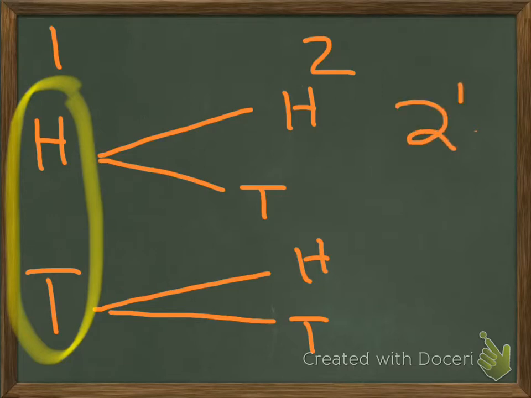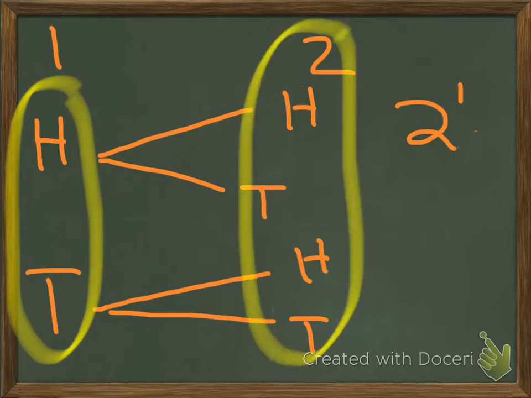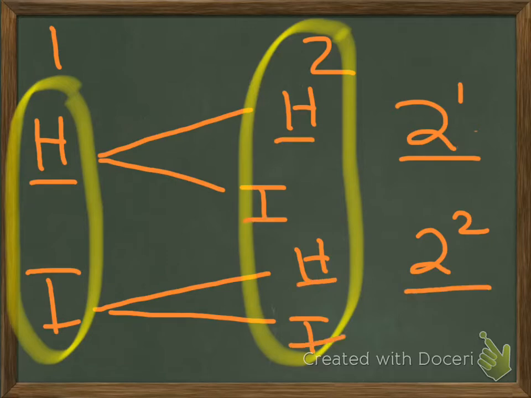But when we flip it a second time, it turns into 2 to the 2nd power. That's going to be the denominator of that fraction. So this was 2 to the 1 power is 2. There were 2 possibilities here. And 2 to the 2 is 4. There were 4 possibilities, okay?